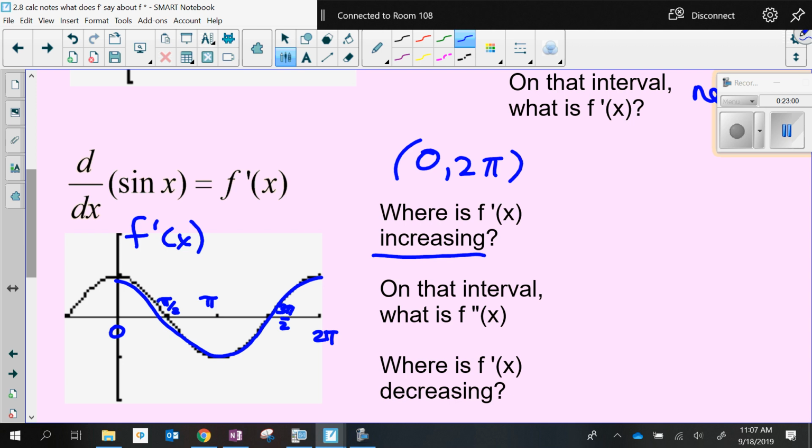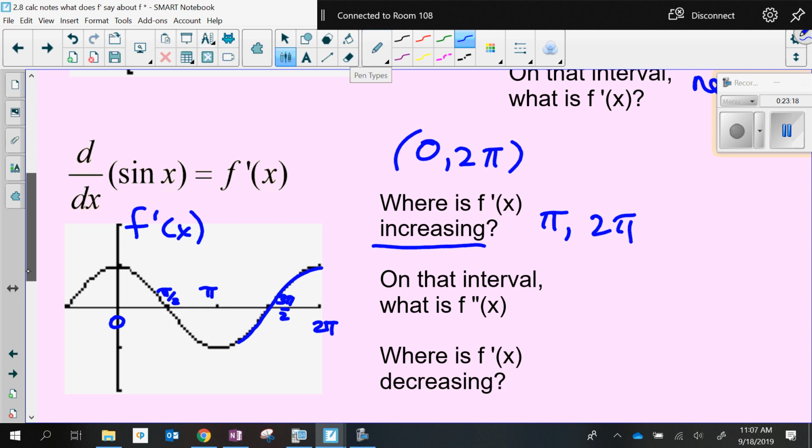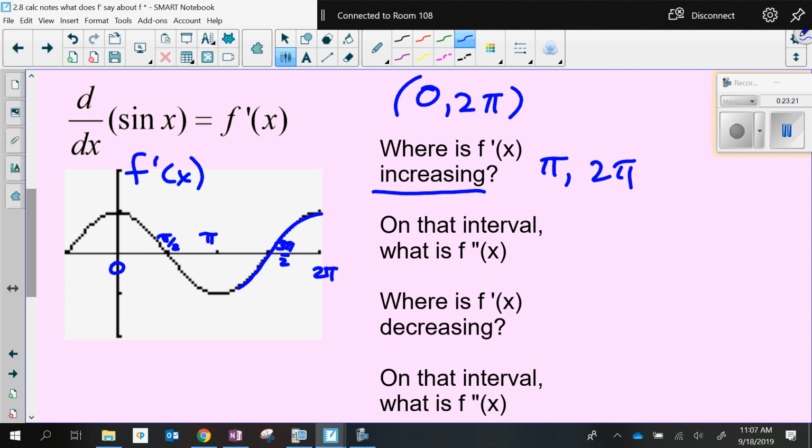Which part is increasing? Okay, 2 pi. All right. Erase this. You're good. And where is F prime decreasing, Maddie? 0 to pi.